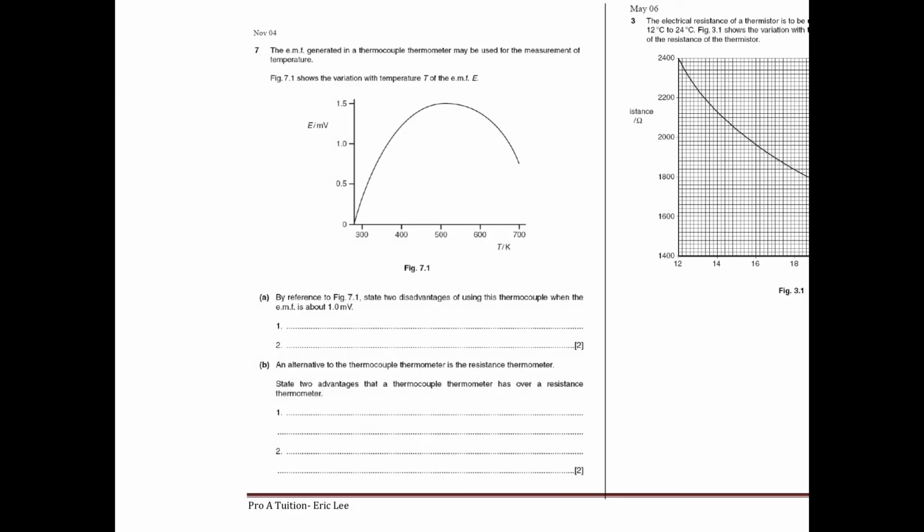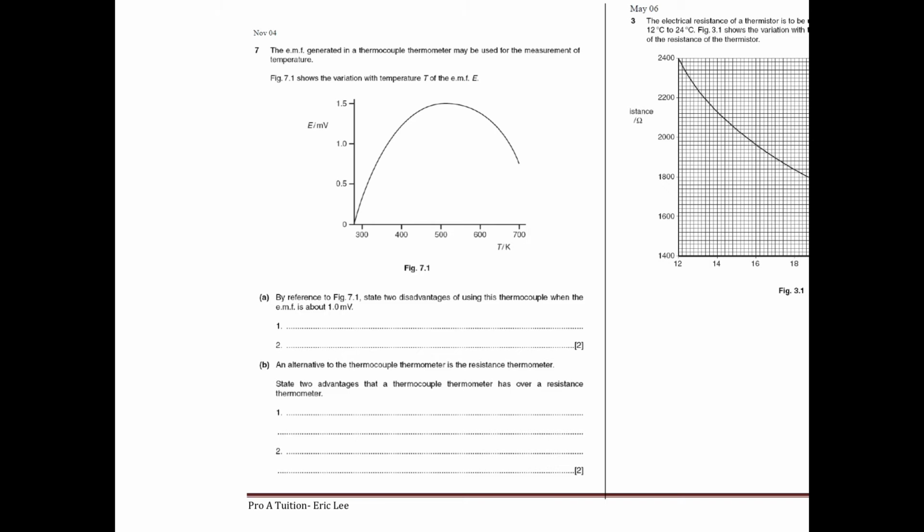Okay. The EMF generated in a thermocouple thermometer may be used for the measurement of temperature. Figure 7.1 shows the variation with temperature T of the EMF E. Part A, by reference to figure 7.1, state two disadvantages of using this thermocouple when the EMF is about 1.0 millivolt.